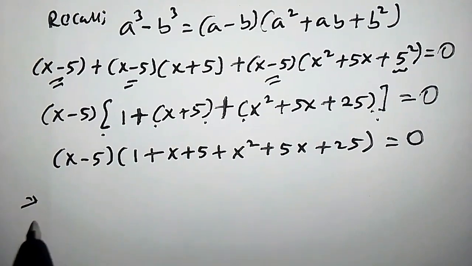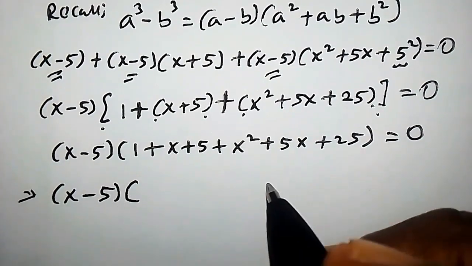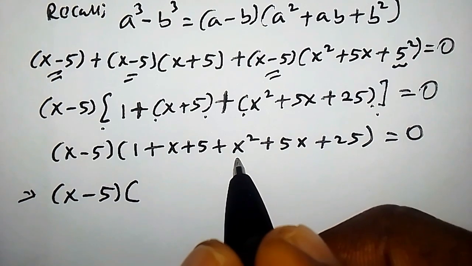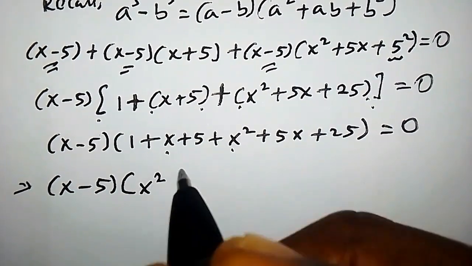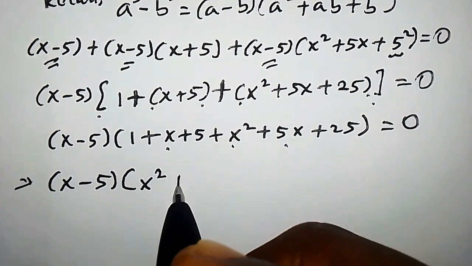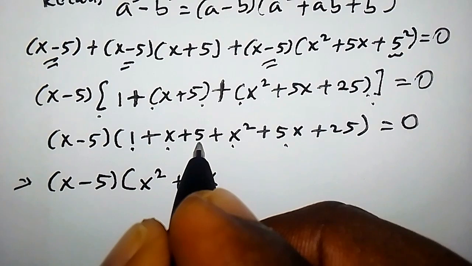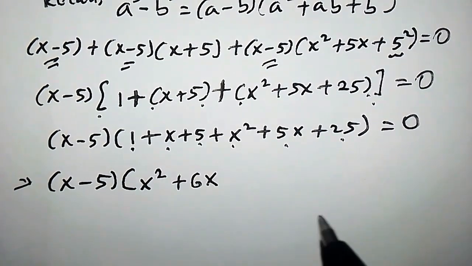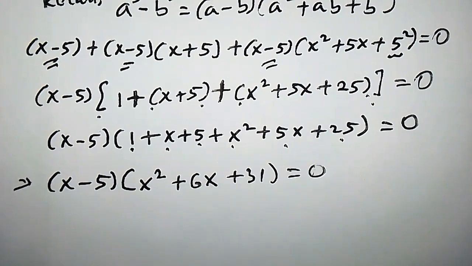This implies that x minus 5 times, now let us add the common terms. We have x squared, x plus 5x, 6x, 1 plus 5, 6, 6 plus 25, 31, equal to 0.